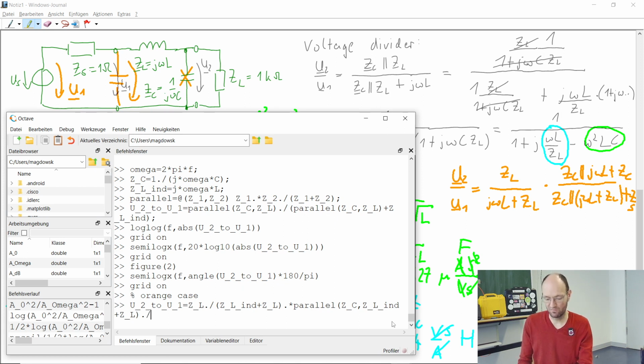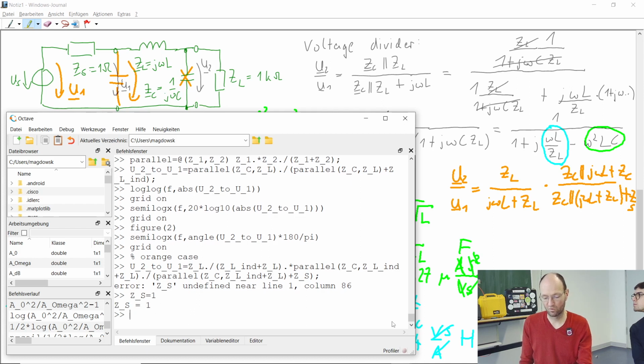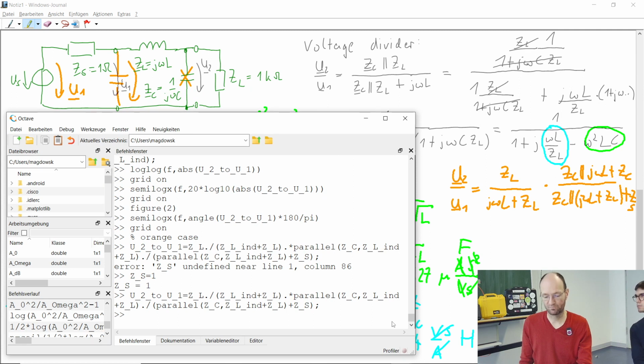Okay, and this divided by the parallel circuit that we just had of ZC and ZL of the inductor plus ZL, and this plus Z source. The source impedance I have not defined yet, so there will be some error message. So Z source is 1 ohm, and now this works.